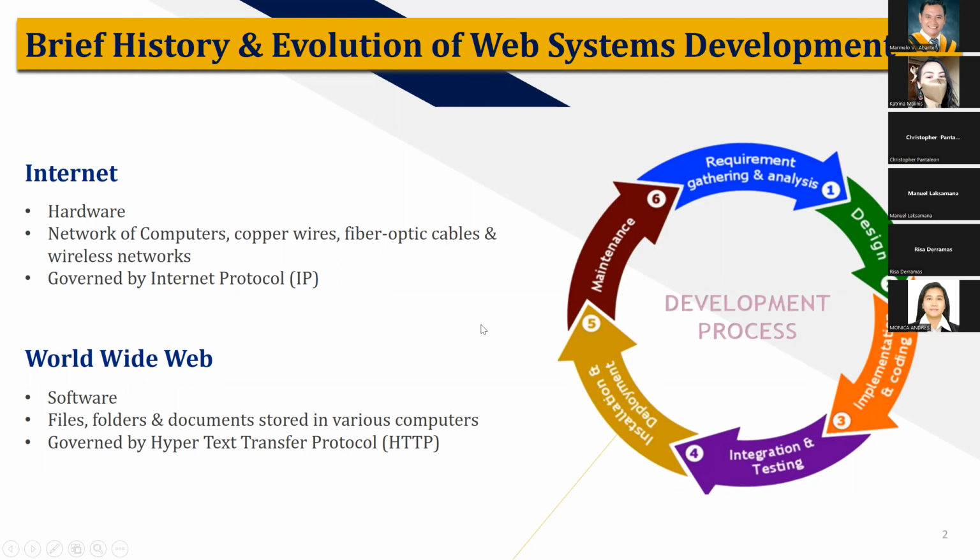These are the apps and software providing information that passes through the medium of the internet network and hardware. This refers to the files, folders, and documents stored in various computers, which is governed by the HTTP protocol, which is port 80 for the unsecured and 443 for the secured.